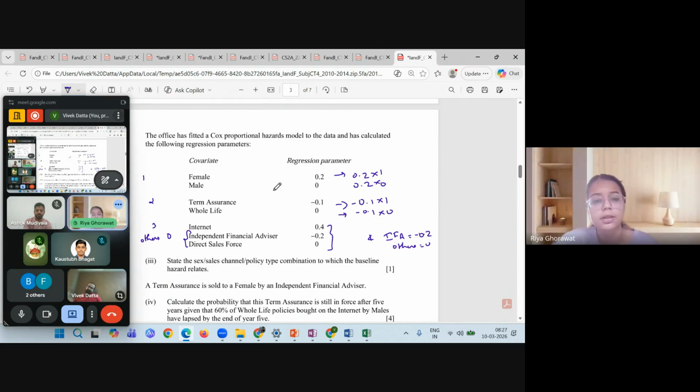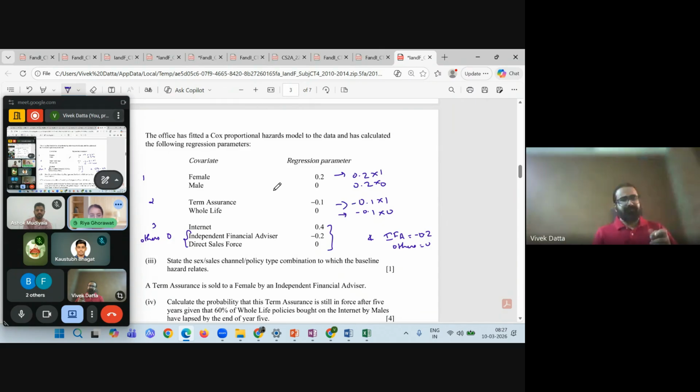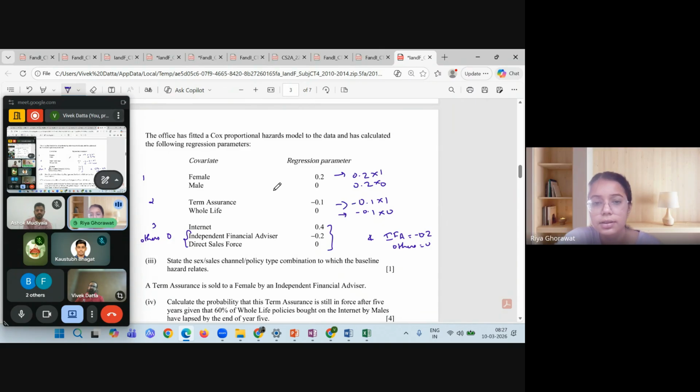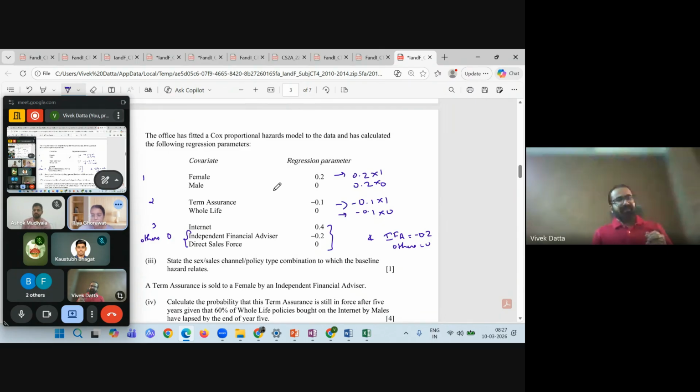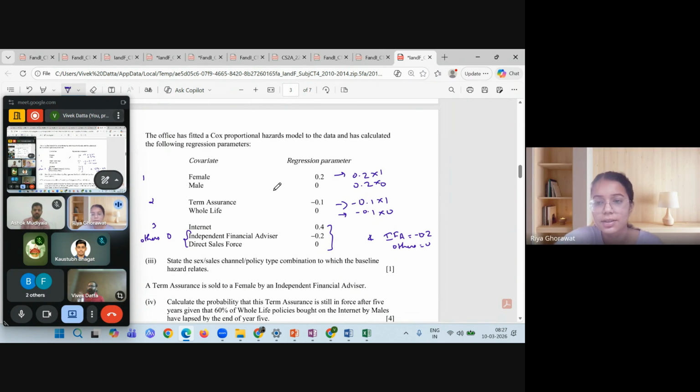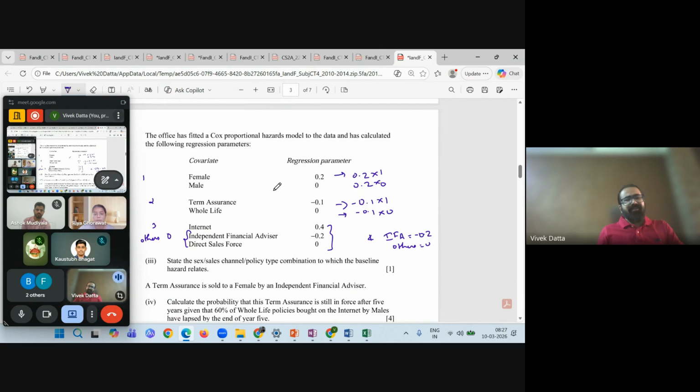Sir, in the last, the third part for the type of channel, we are considering it as an individual case, right? There are 3 different categories, so we are using that n-1 formula. So that's why we have 2 different subparts. Yes.